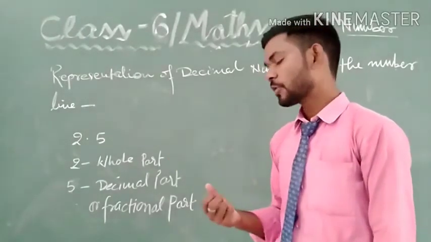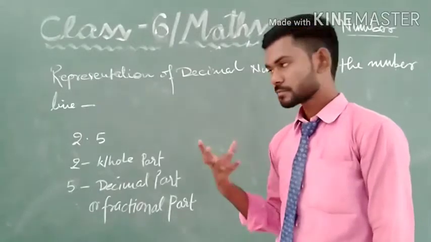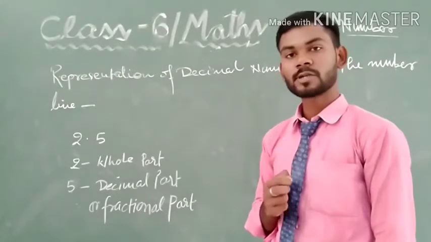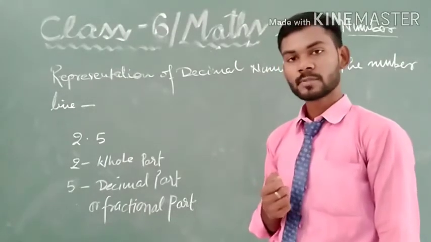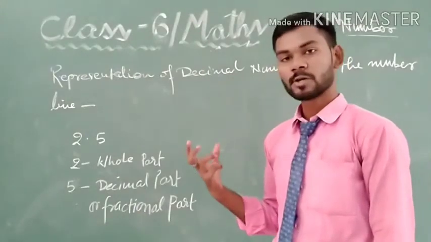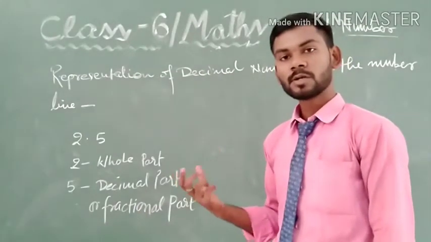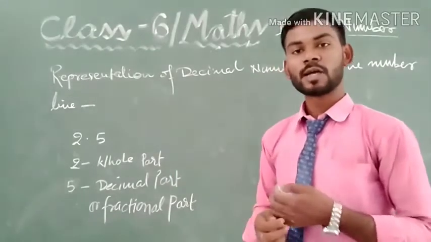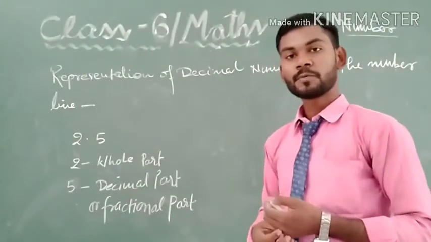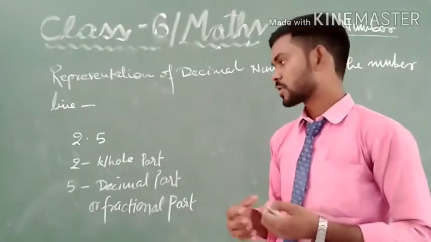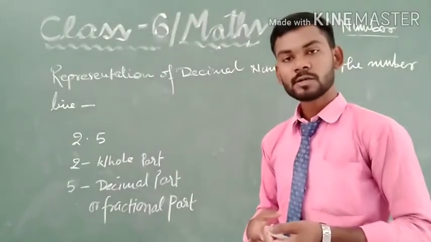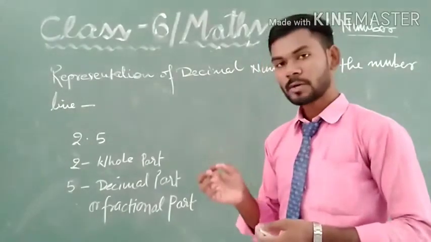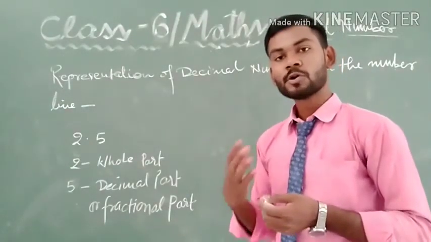But one most important thing I would like to tell you is that we compare the decimal number with whole numbers, never with another decimal number. If we do that, our conclusion may be wrong. That is why every time we compare the decimal number with a whole number.